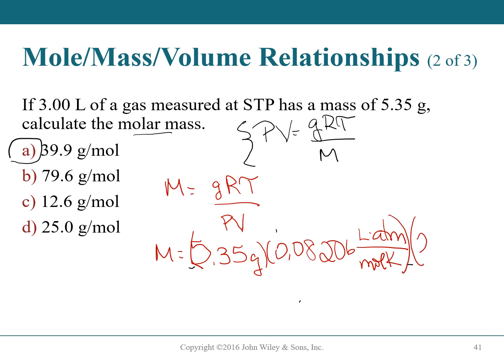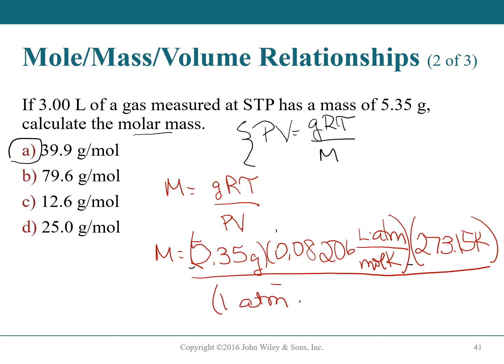T was 273.15 Kelvin, because that's part of the STP. P was exactly 1 atmosphere. And V, we said, was 3 liters. Okay, so if we do that, let's cancel out my units. Atmospheres cancel out. Liters cancel out. Kelvin cancels out. So my units will be in grams per mole, so that's good.